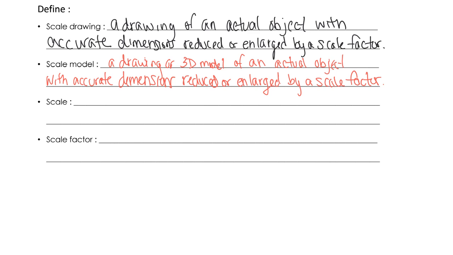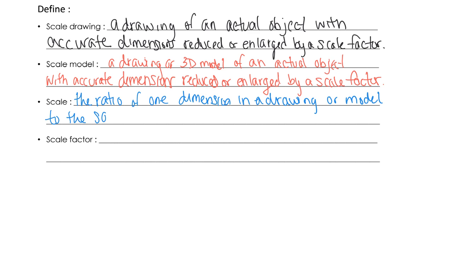So now we have to talk about a scale. A scale is the ratio of one dimension in a drawing or model to the same dimension of an actual object.